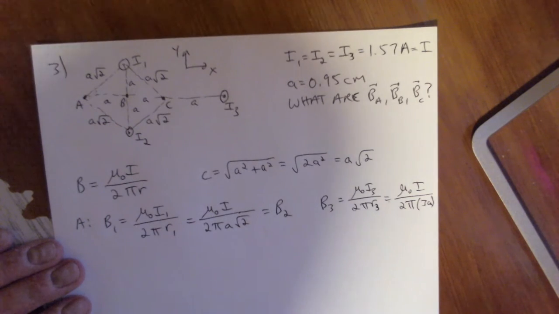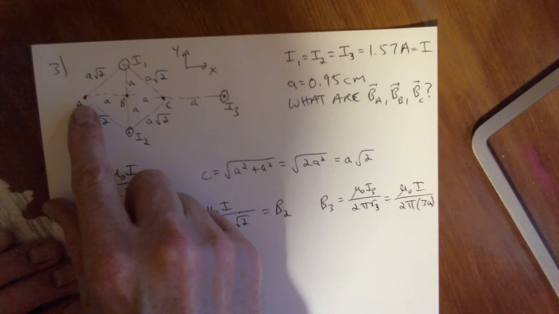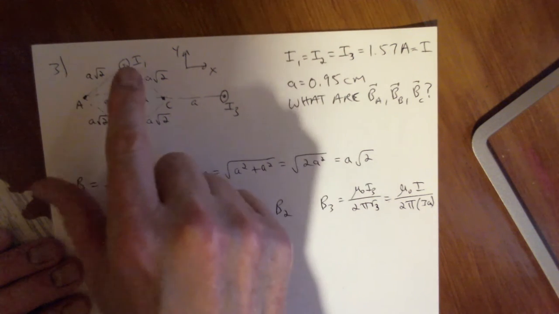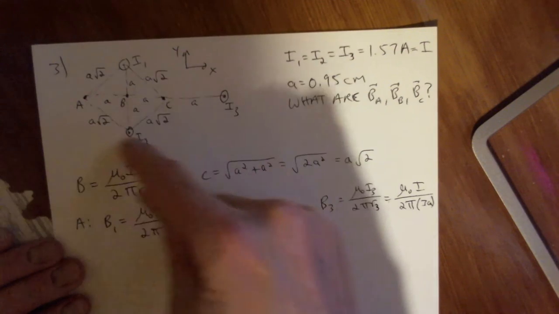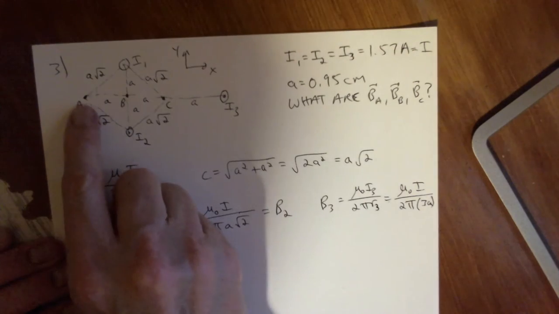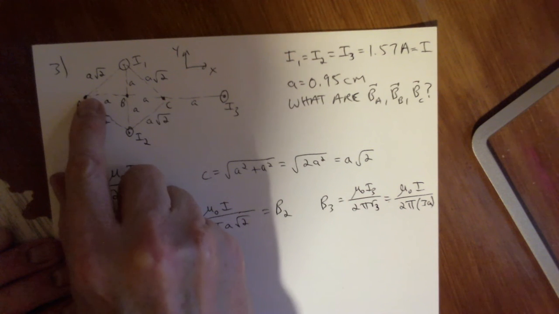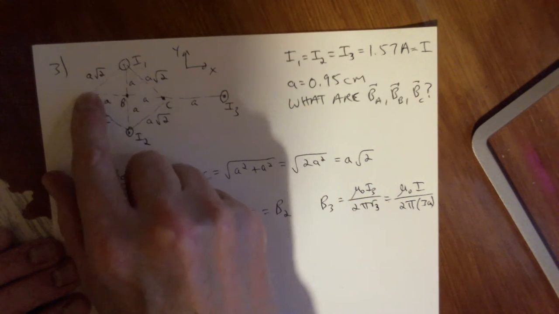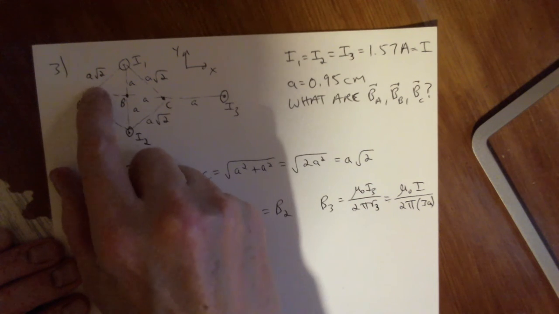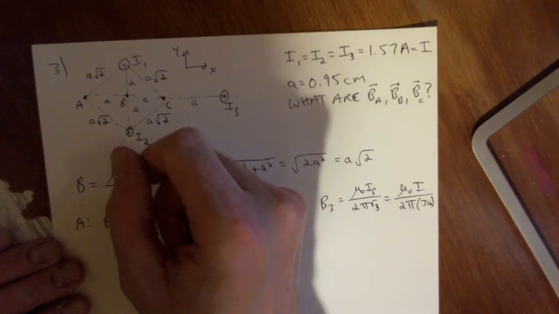That's the most convenient thing to use because the B field is tangent to the circle everywhere. So if you think about a circle centered at current 1, it goes around like this. Tangent to that circle is perpendicular to the radius of that circle. Well, the radius of that circle is this line here. So perpendicular to the radius is either down this way or up that way.